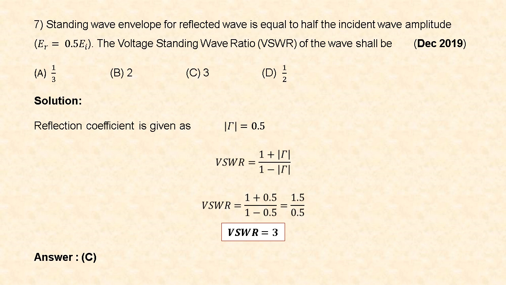We know the formula for voltage standing wave ratio as 1 plus gamma divided by 1 minus gamma. Substituting the value of gamma as 0.5, 1 plus 0.5 divided by 1 minus 0.5, which is equal to 1.5 divided by 0.5, which is equal to 3. So voltage standing wave ratio is equal to 3. So option C is correct.